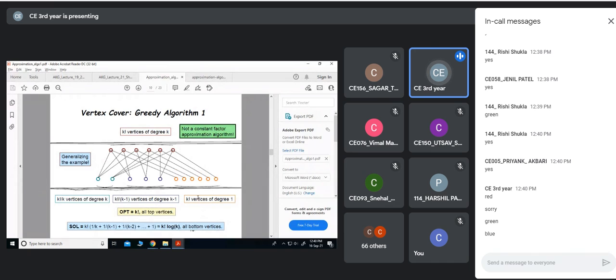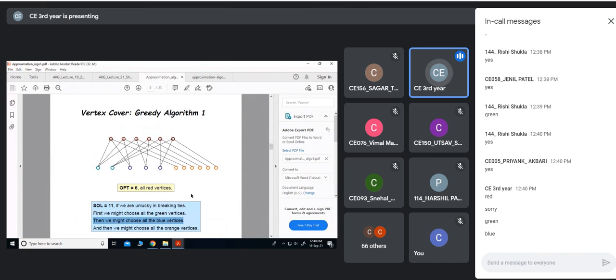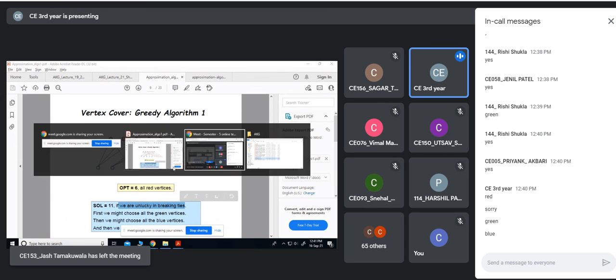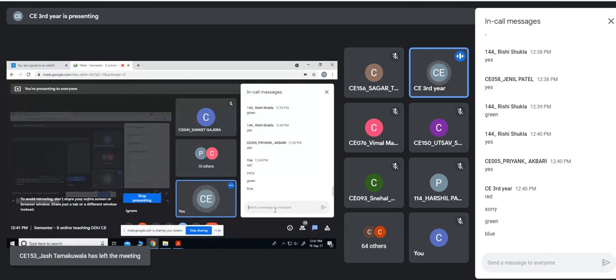The analysis we will see later on, but you see the optimal is 6 and you have 11 if we are very unlucky in breaking ties. This is a simple example of how greedy can go wrong.